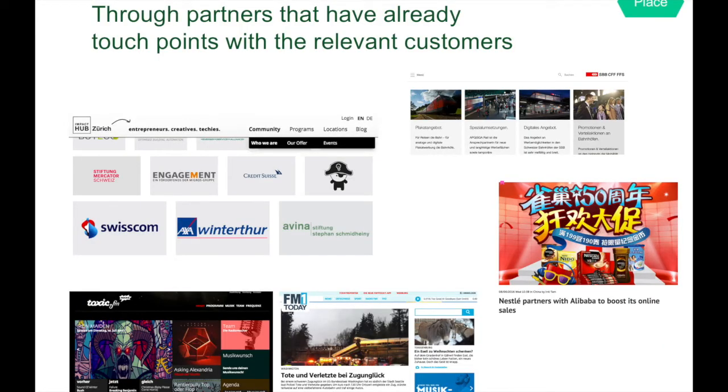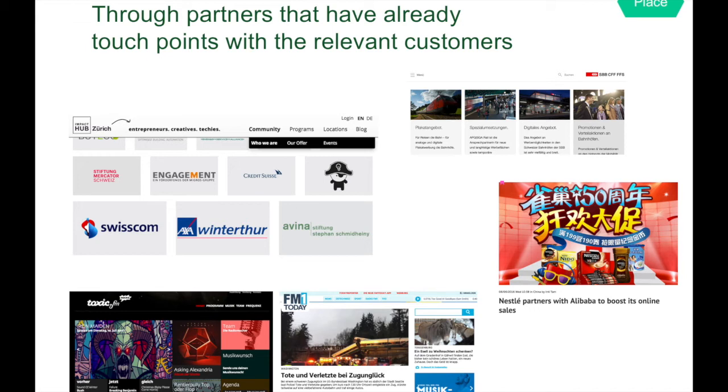Next one for place is that you try to partner up with partners that already have touch points with the relevant customers. So let's say you have selected a certain customer base and you really try to reach out to them. How can you do that? You are looking for partners.